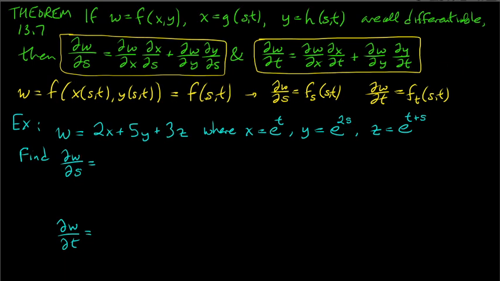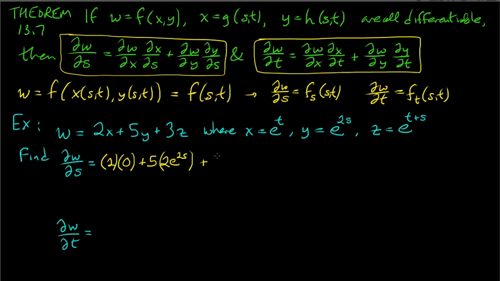So we'll do that here. So the partial of w with respect to x is just 2, and then the partial of x with respect to s is 0, because e to the t is a constant with respect to s. Plus, the partial of w with respect to y is just 5, and then the partial of y with respect to s is 2 e to the 2s.